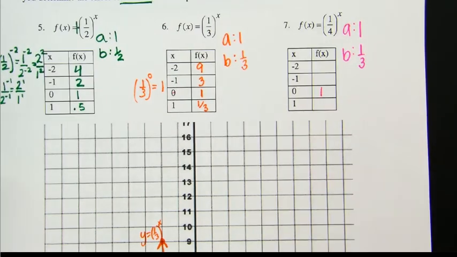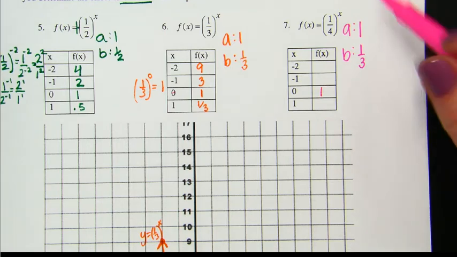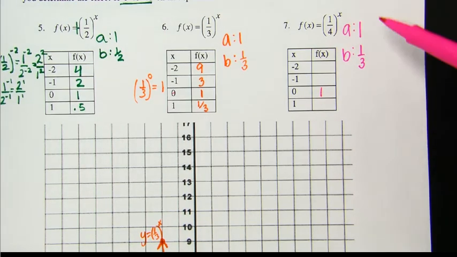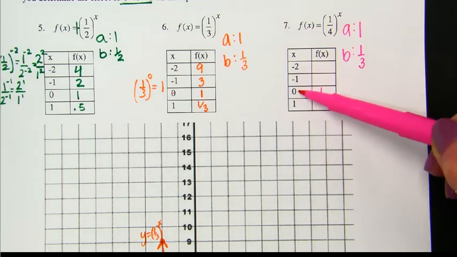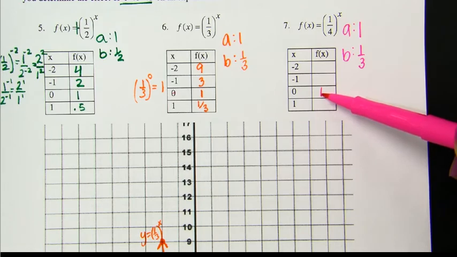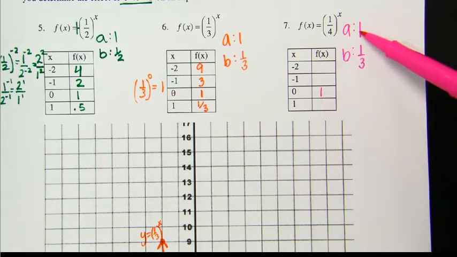Now remember, when I talked about the geometric sequence, the explicit rule, it was first term times the ratio to the n minus 1, right? Well, from what it looks like here, my a's are always 1, and when x is 0, my y is 1. So we can kind of look at this a as our first term.